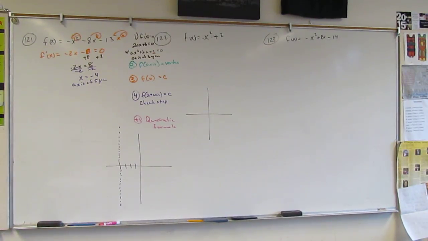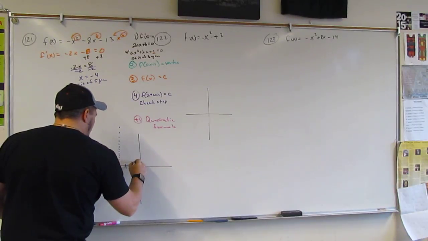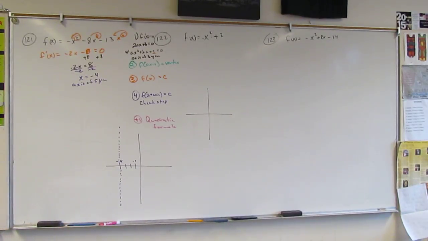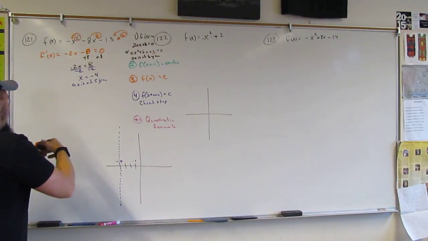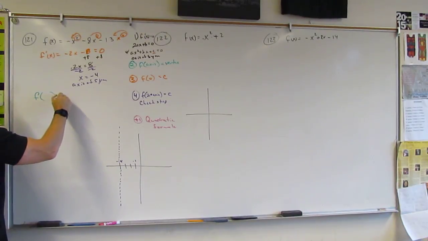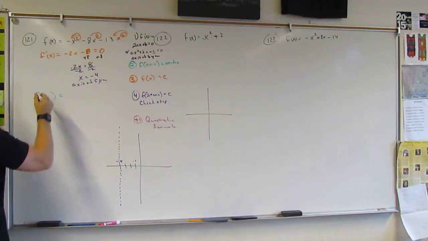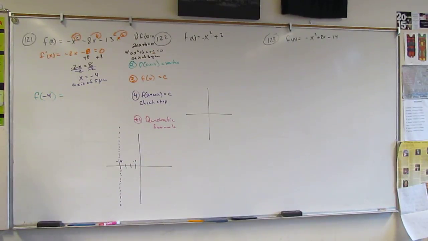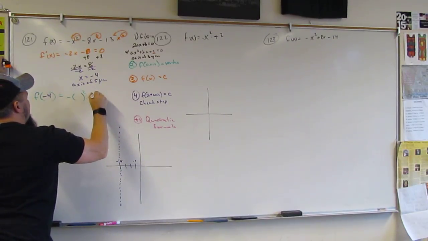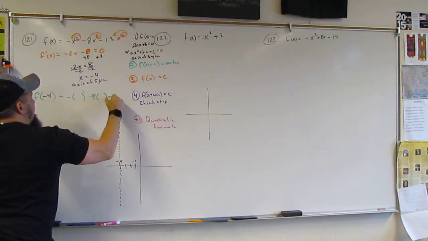And so now I'm going to find out where the vertex is. So this is just -1, -4. And so now where is it? So I'm going to plug it in. f of the axis, in this case -4, is equal to, and you plug it in, -x squared minus 8x minus 13.